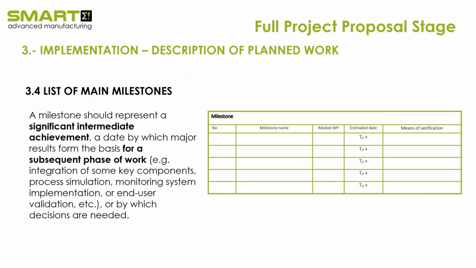And in case a milestone has not been achieved, you will have to explain the recommended actions you have implemented to improve or solve this situation. So it is important to think well about which milestones you identify in each work package.